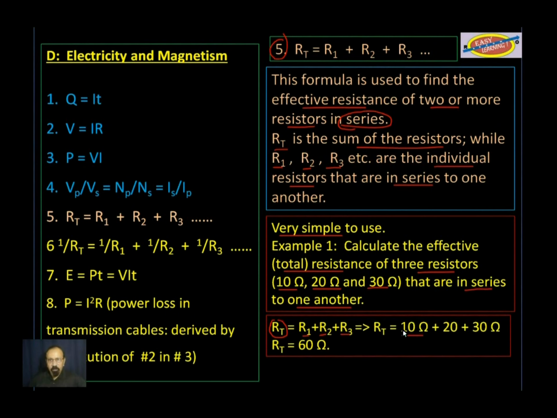Therefore, we just substitute the numbers we are given and we get the total resistance is 60 ohms. We can say 60 plus or minus 5 ohms since we are rounding off at this position, the tens position where the 6 is, and that is our uncertain digit. So we'll take half of the tens position and that will give us plus or minus 5.